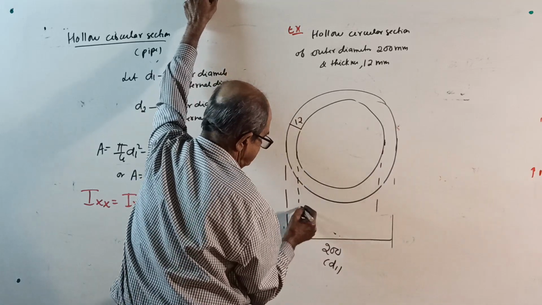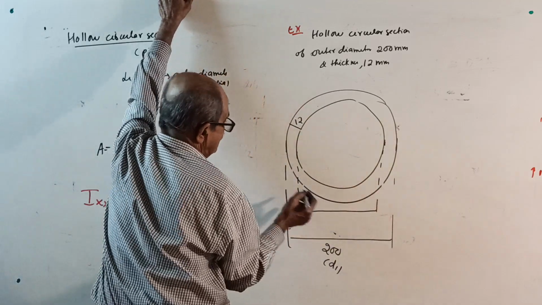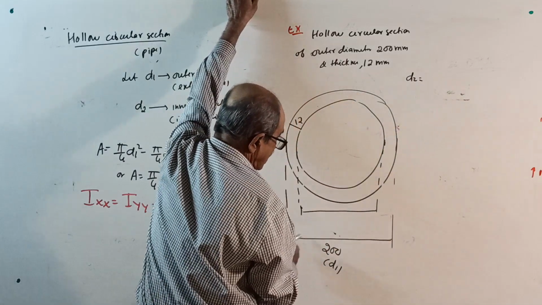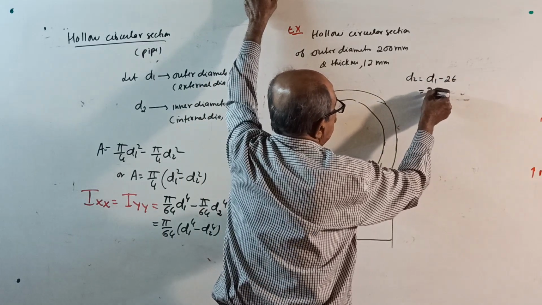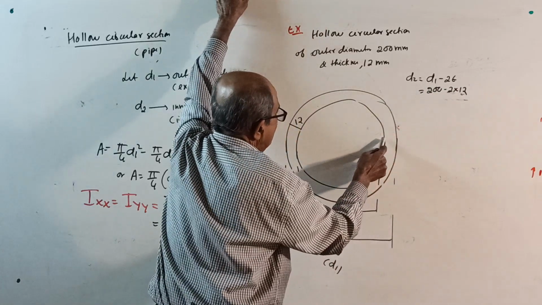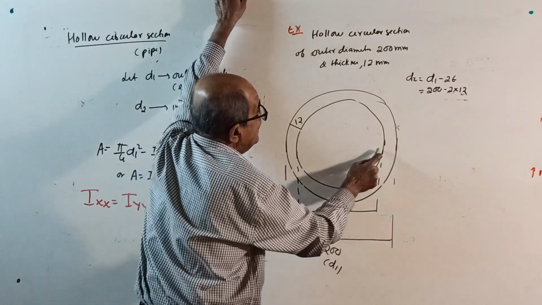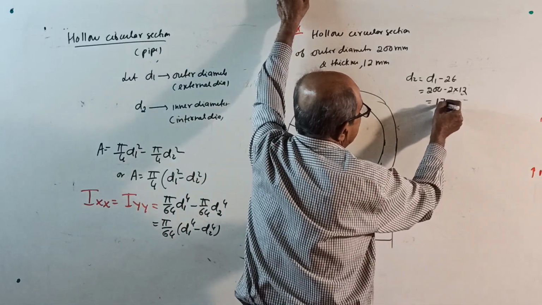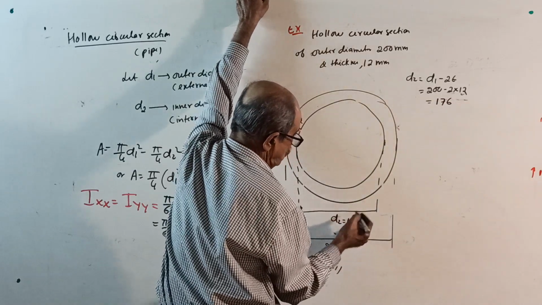Inner dia is how much? See, this is D1. Remember, your inner dia D2 equal to outer dia minus 2 times thickness, equal to 200 minus 2 into 12. Why? Inner dia equals outer dia minus 24, which is 176. Enter here, D2 is 176. Over.